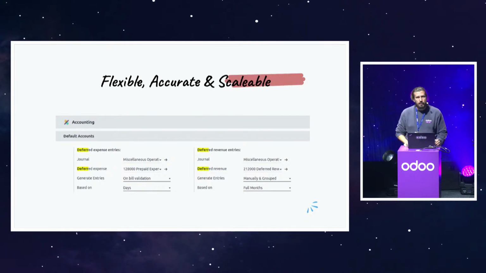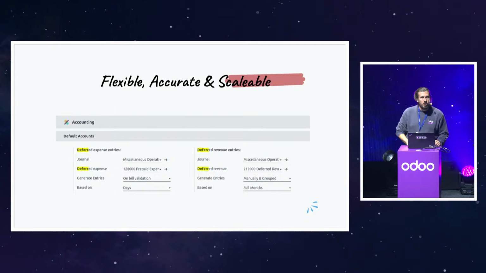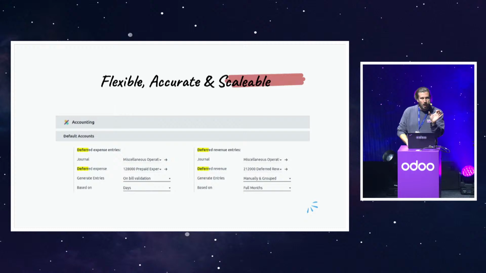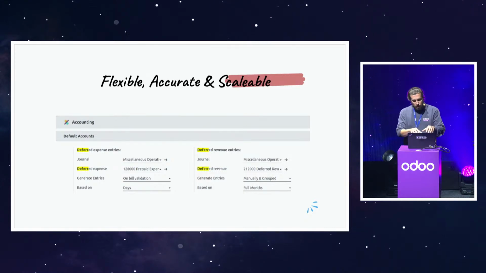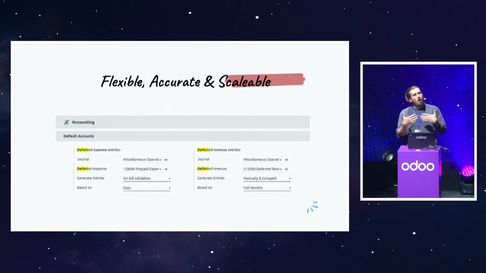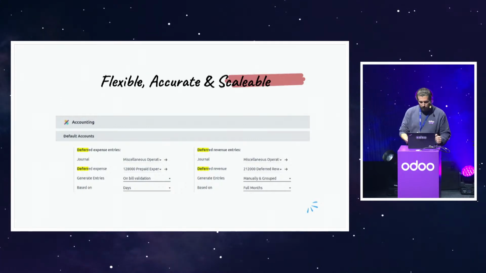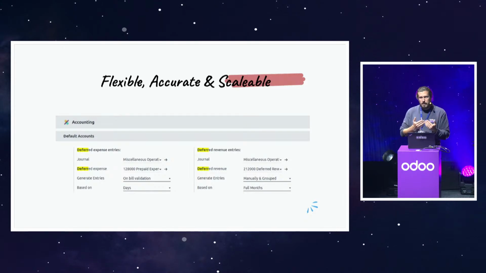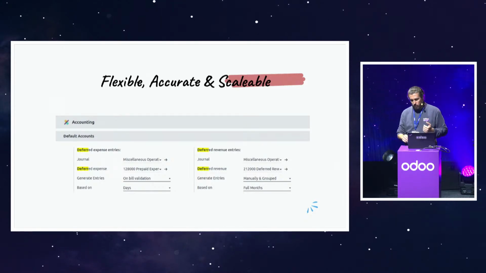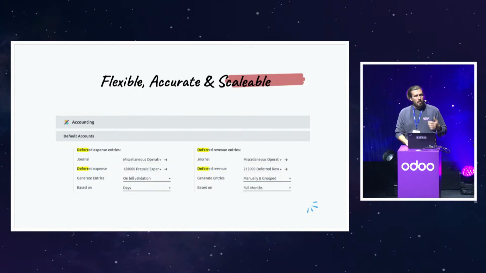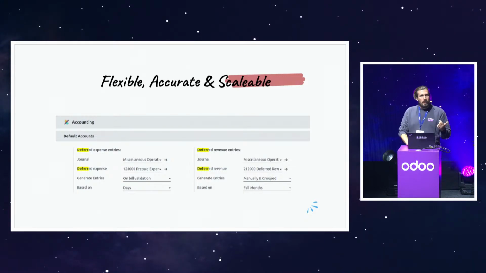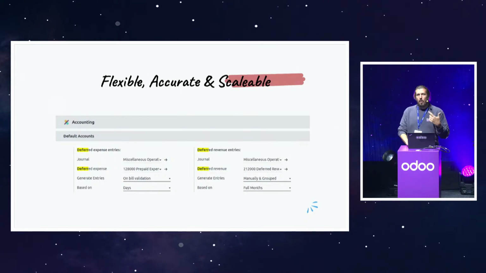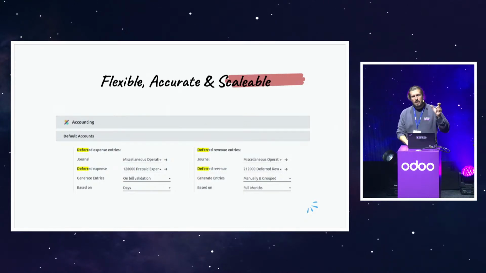So in the section for accounting, in the settings of accounting, you have a default account section. And in this section, you can specify exactly how you want this deferral to behave. And you can distinguish the way it behaves for expenses and the way it works for revenue. So globally, you specify a journal, a miscellaneous journal where it happens. Deferred expenses account, accounts in your balance sheet where the amounts are deferred.